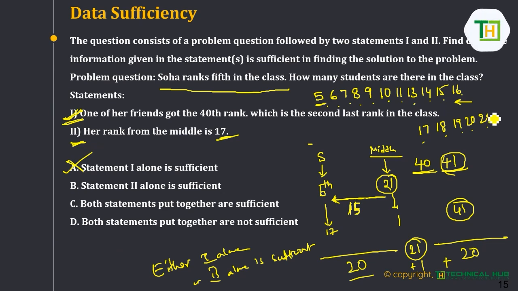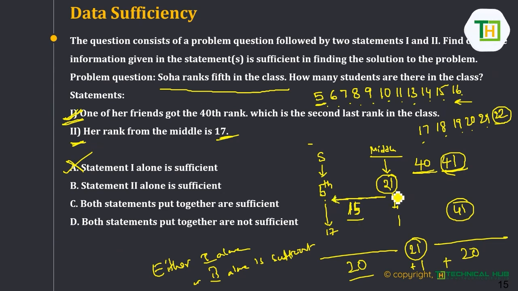So if not 21, you can take it as 22, I think. So the middle one may be 22. No. See, it is very clear, right? 15 ranks in between 21 and 5: 6, 7, 8, 9, 10, and 11 to 20. 15 ranks are there.